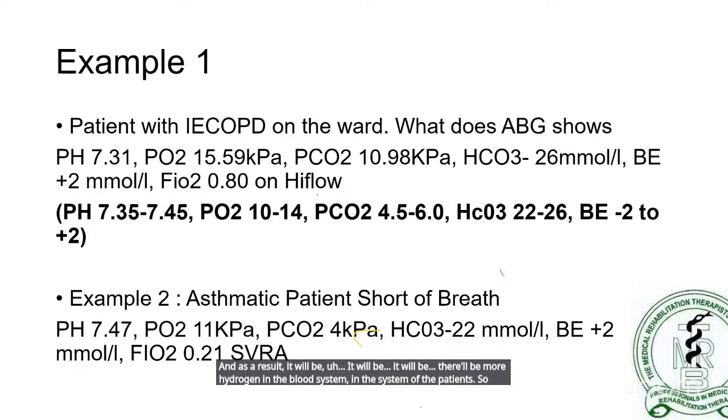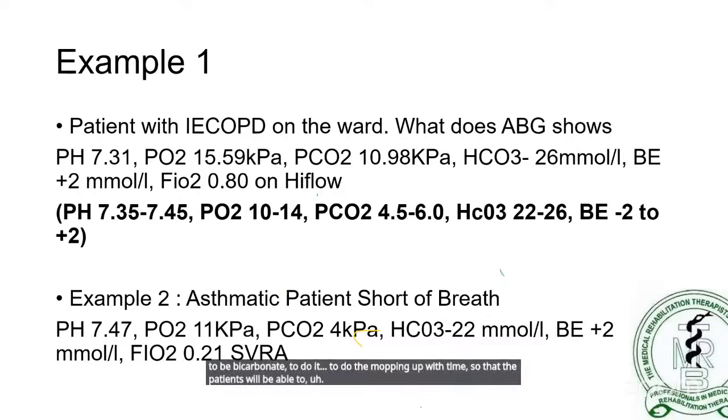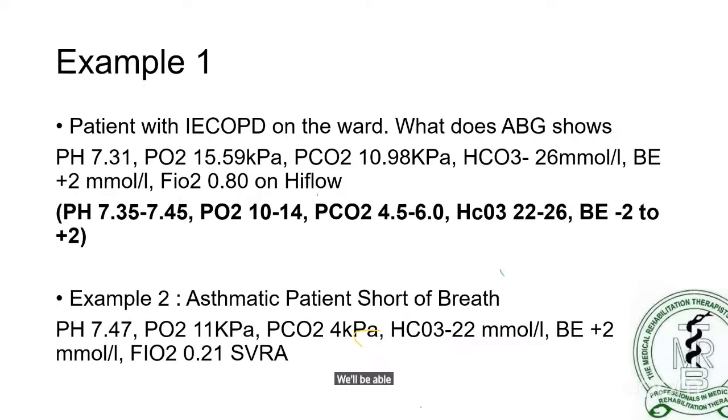With more hydrogen ion, the pH will go down, and very soon it will be acidosis. The person will have acidemia. That will give work to the bicarbonate to do the mopping up with time, so that the patient will have less hydrogen ion in the body. That's my contribution.